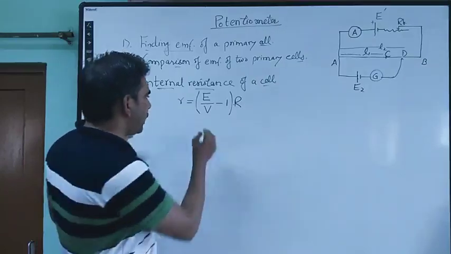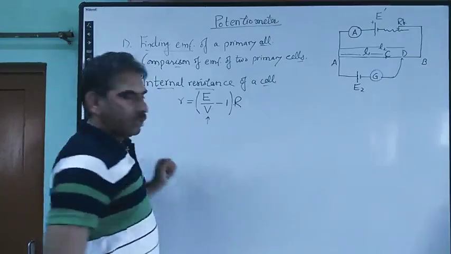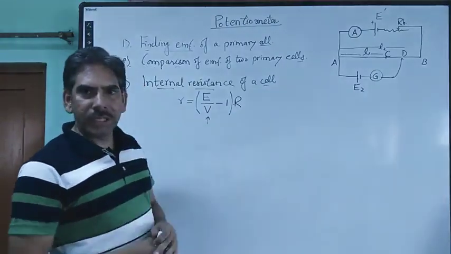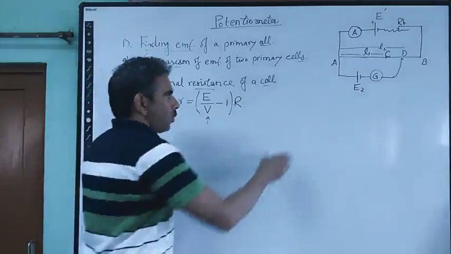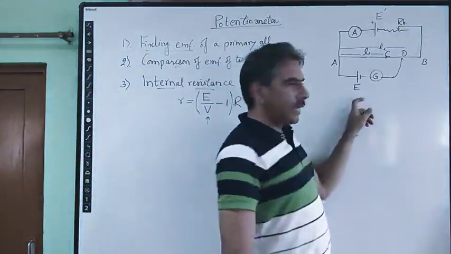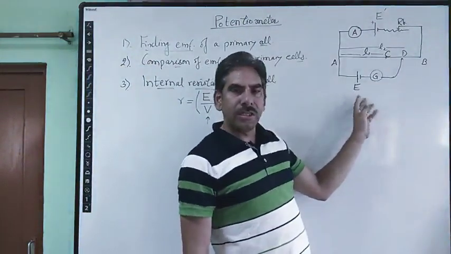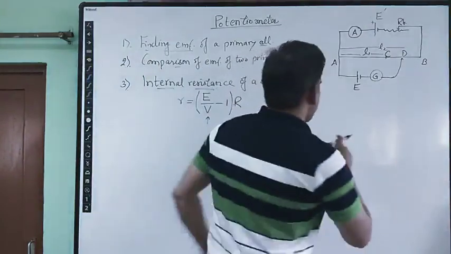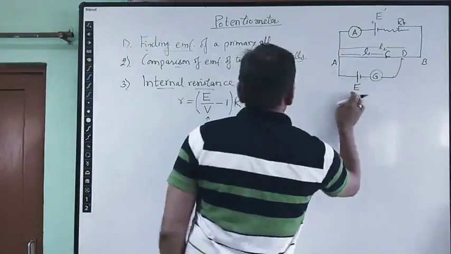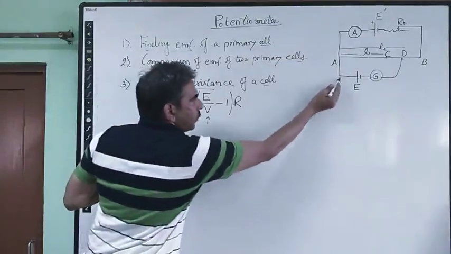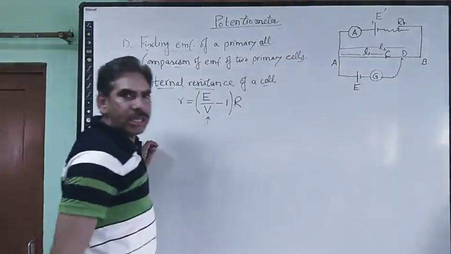So here we find the ratio and substitute it to find the internal resistance of the cell. Suppose we have the primary cell having EMF E. We find the EMF of this primary cell in the same procedure as we did earlier. We find the balancing length for the EMF of the primary cell when no other resistor is connected to the cell.